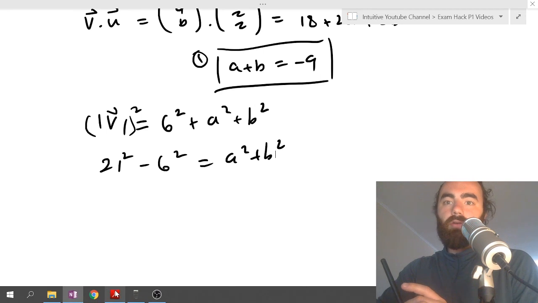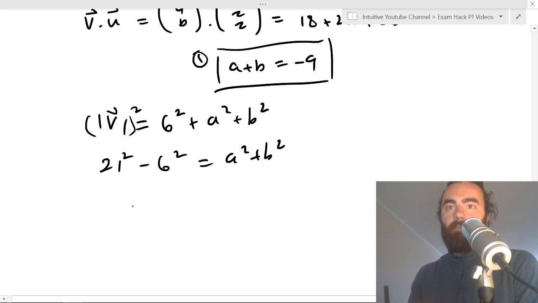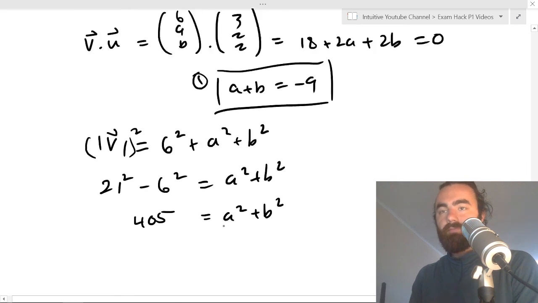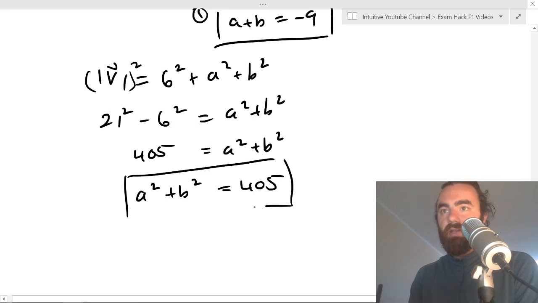So we just go in our calculator and we do 21 times 21 minus 36 for the 6 squared. So we get 405. So a squared plus b squared equals 405. So that's our second equation.